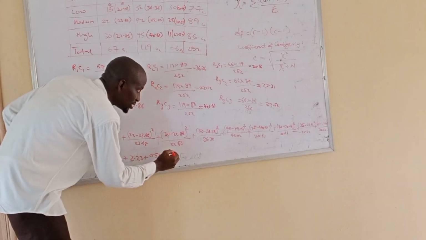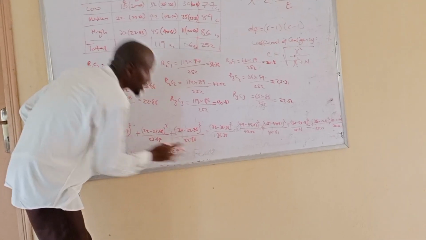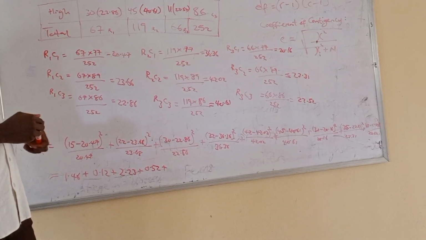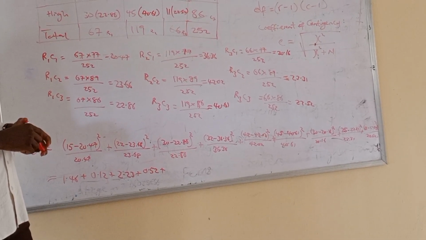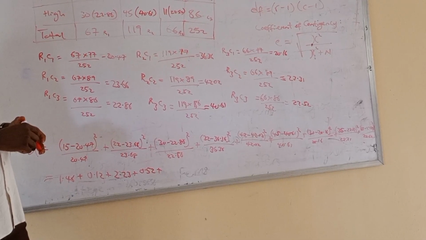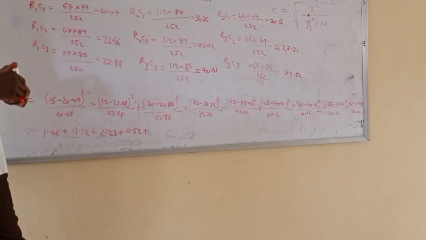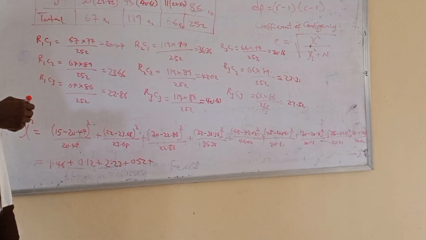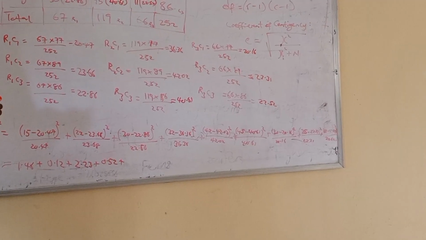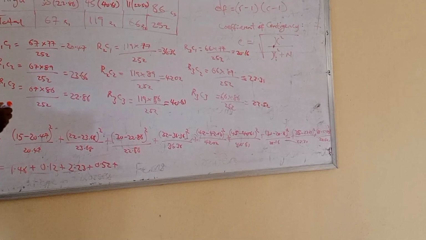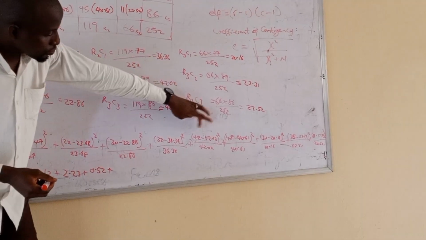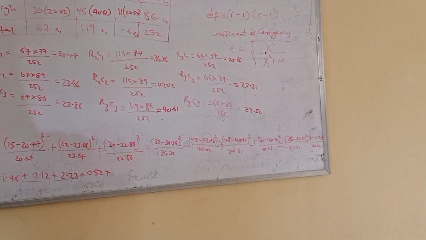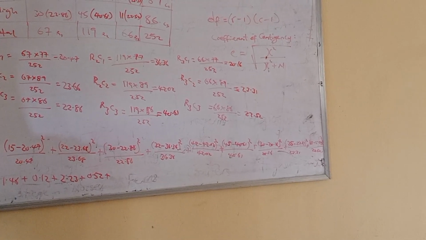9. Please check. 42 minus 42.02. Squared divided by 42.02. 9. Because what I'm seeing here is 42 minus 42. 42 minus 42 should give you what? 0.02.